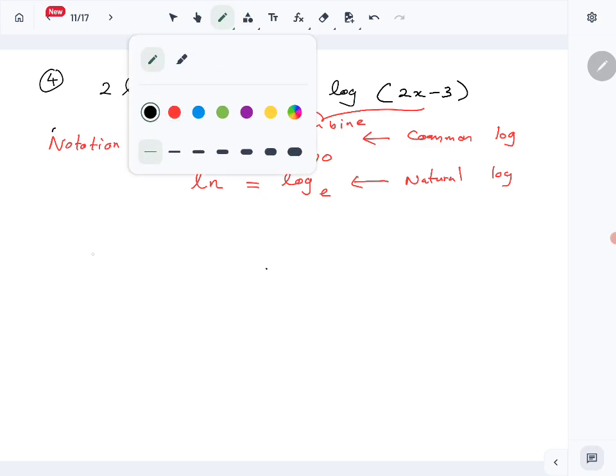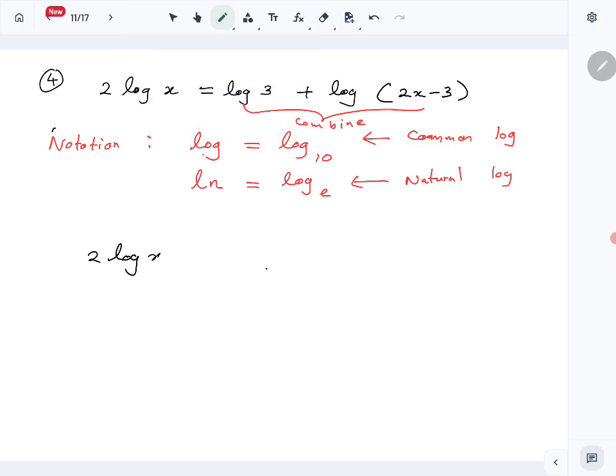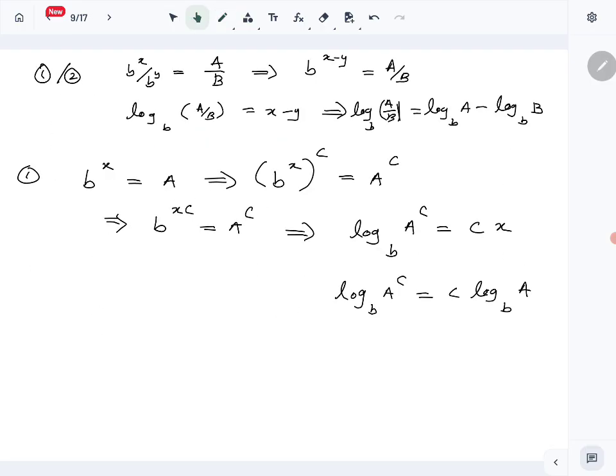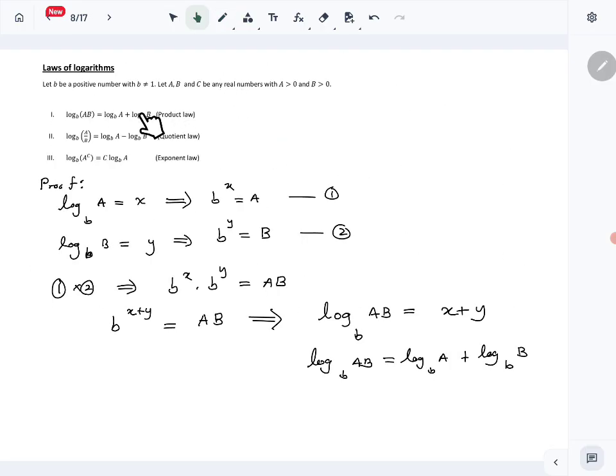So I can write this as well, 2 log x. This is a sum. No, a sum can be written as a product using the first product law. Log 3 into 2x minus 3. This is using this law. A sum can be written as a product.